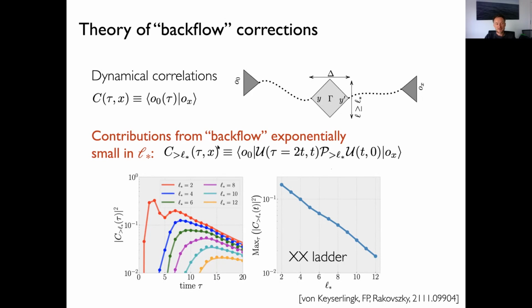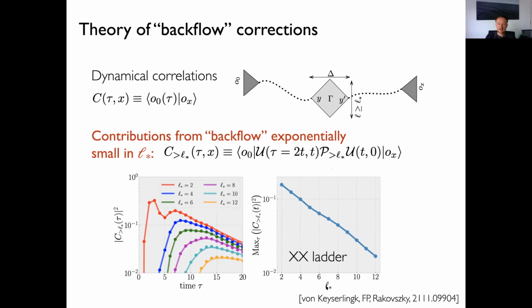And using analytic arguments, both for random unitaries and for deterministic models, one can then argue that this backflow is expected to be exponentially small in L star. And to back this up with additional numerical simulations, we can see here for the XX ladder that the maximum contribution to the correlation function from the backflow indeed decays exponentially as a function of L star, as shown here.